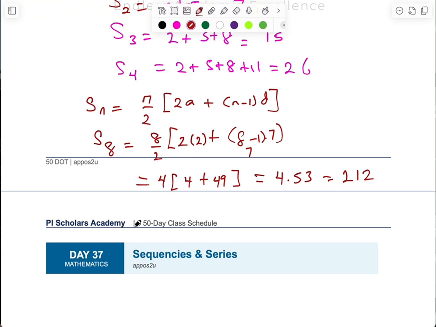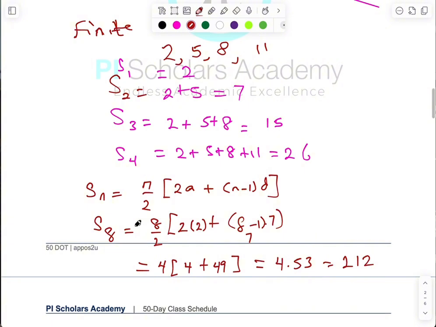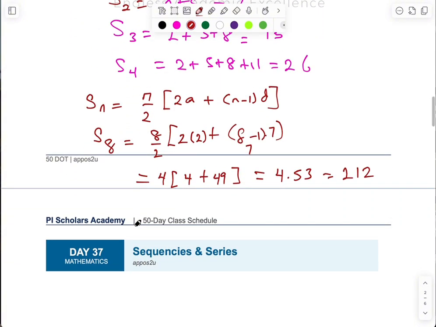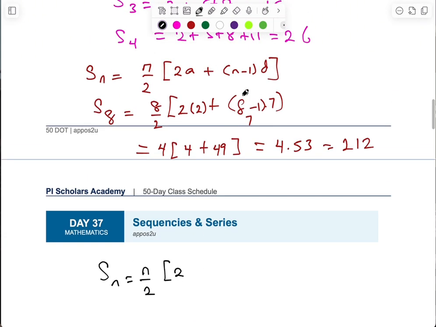So now we've been able to deal with sequence and series like that. Now, what if you know the last term itself? From the formula that I just gave, the sum to the nth term is n over 2, then you have 2a plus n minus 1 times d. But there's something that looks familiar there.